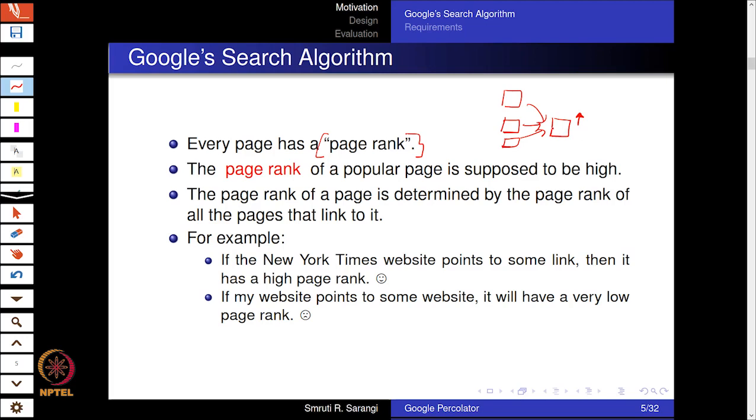Consider an example. Assume that a very popular newspaper like the New York Times points to some link. Then automatically that link is presumed to be important or popular. So the PageRank for this link will also be high. Now this video is being recorded from IIT Delhi.